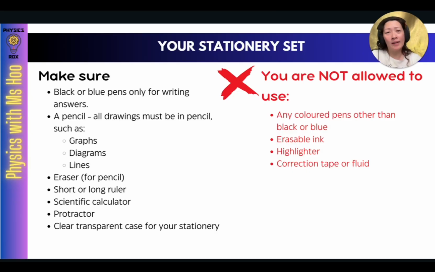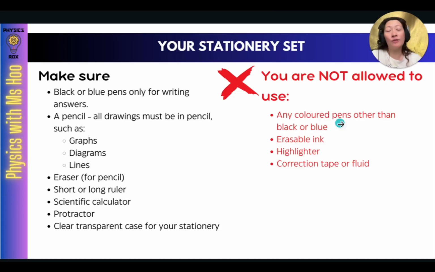All the examiner is seeing is a blank piece of paper, and it doesn't even have your name or code on it, which means that effectively it is as if you have never sat for the paper, even though you turned up in the exam hall and spent that hour and 15 minutes writing a lot of things. And yes, that means you'll get a 0 for this paper. So do not take the chance, do not use erasable ink.